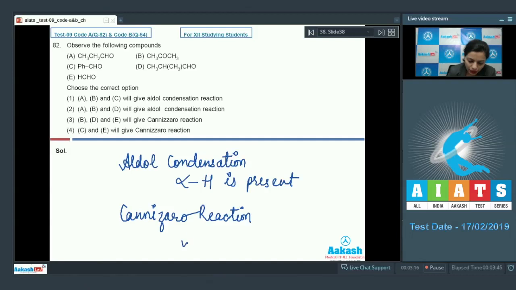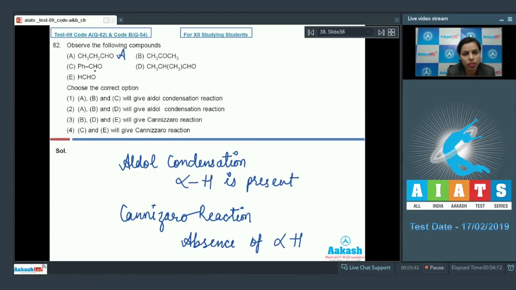While in the absence of alpha hydrogen to the aldehyde or keto group, Cannizzaro reaction is there. If we talk about the first option, that is propanaldehyde, in this case there is the presence of alpha hydrogen to this aldehyde group, and due to that it is undergoing aldol condensation.